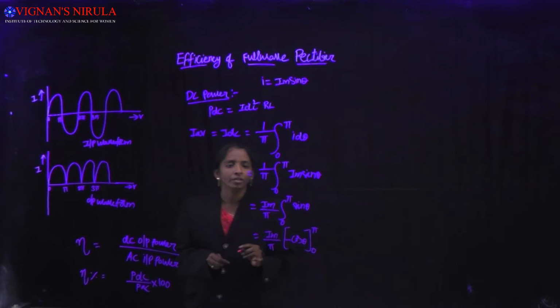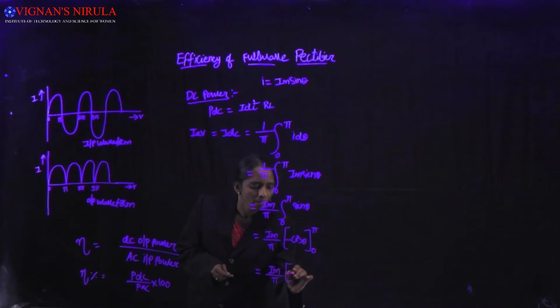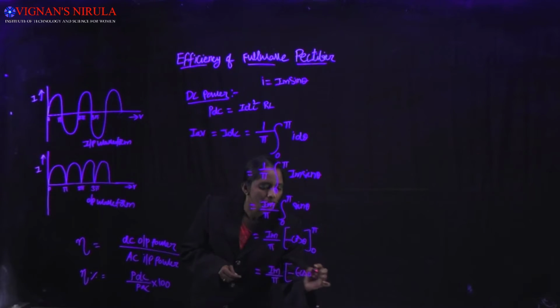Now substitute the values of 0 and pi for theta. Now we are getting Im by pi into minus cos 0 minus, minus cos pi.